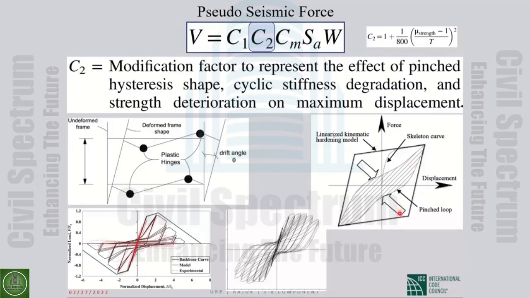So you don't expect that in the needed number of cycles during an earthquake, this pinching happens. It should be very stable, good detailing, everything good, lateral reinforcement, all the confinement, everything well designed and implemented, so you don't expect this kind of behavior. But in the existing buildings, this C2 is very important.